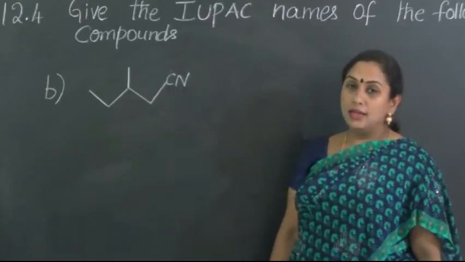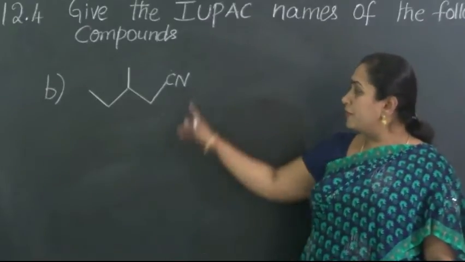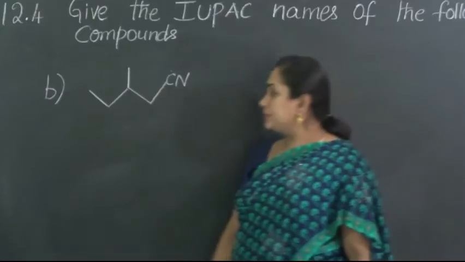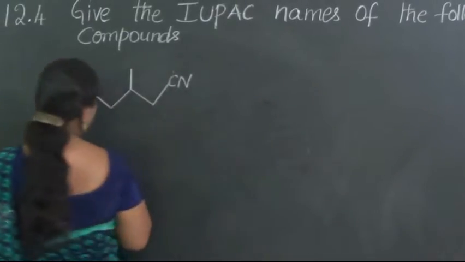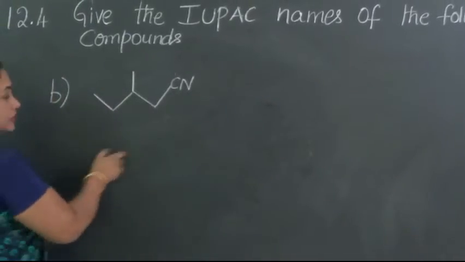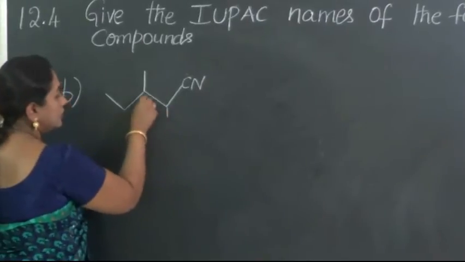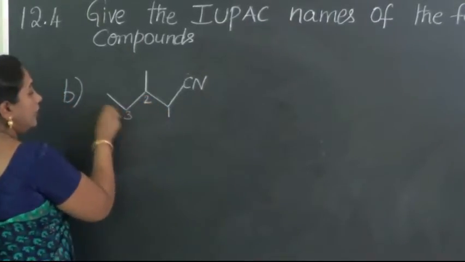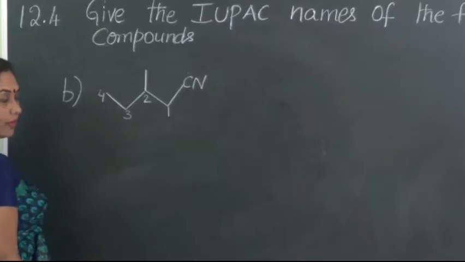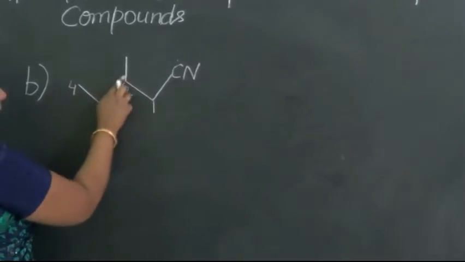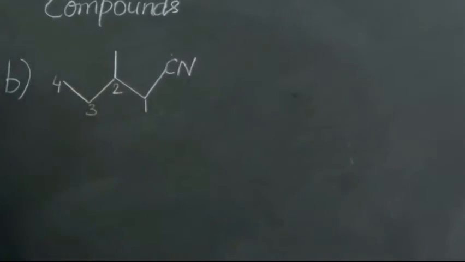So let us name this compound after analyzing the structure. Let us count the number of carbon atoms. 1, 2, 3 and 4. So this carbon chain is containing 4 carbon atoms.